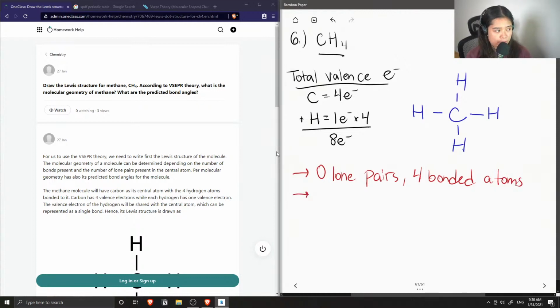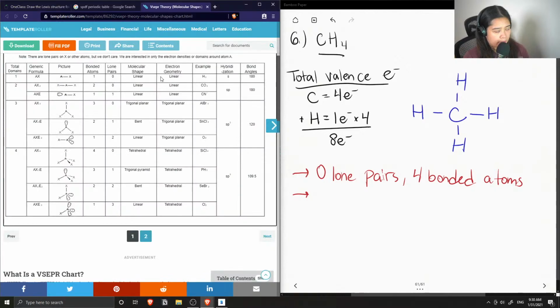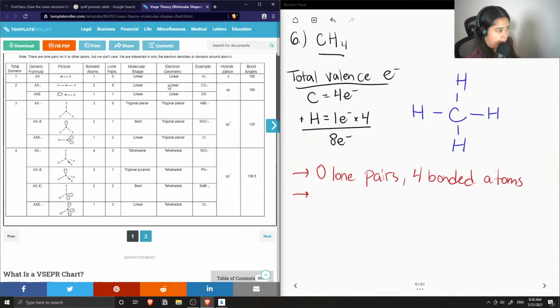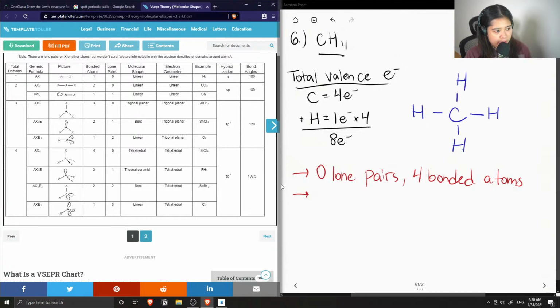So if we use a VSEPR theory table, like this one, we can find out a lot of things about it, like its molecular shape and its electron geometry. So when we have 4 bonded atoms and 0 lone pairs, we have a tetrahedral molecular shape and electron geometry.